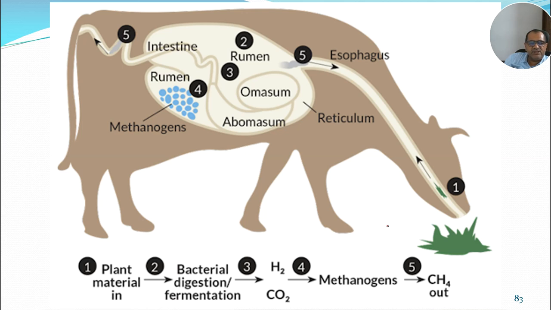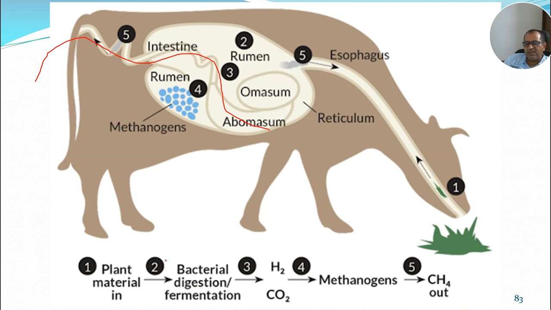Here you can also see that the grass is consumed by the animal through the esophagus, goes to the rumen, then the omasum, then the reticulum, is regurgitated back, pushed back once again to the rumen, and later passes into the omasum, intestine, and then the rectum.